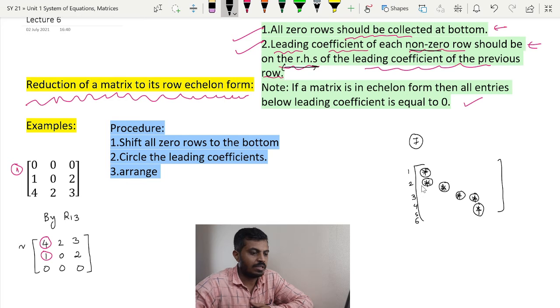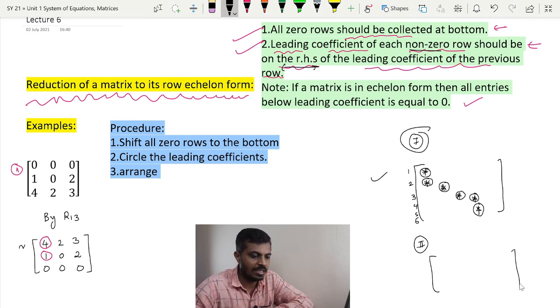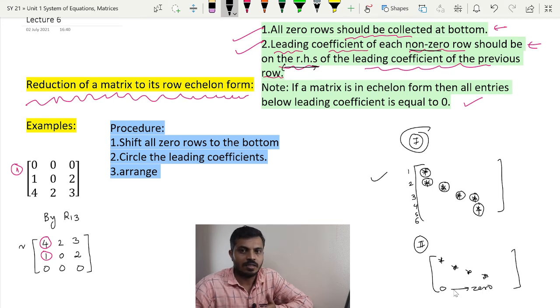Sometimes it may happen that, this is one case that I have told you, in some cases you may get this structure also after rearrangement, here, here, here and here, and we will have a zero row at the bottom, let us say. Now in this case you can easily see that once we arrange our rows in this way, remember these are the leading coefficients, then one can easily see that this is already the echelon form.